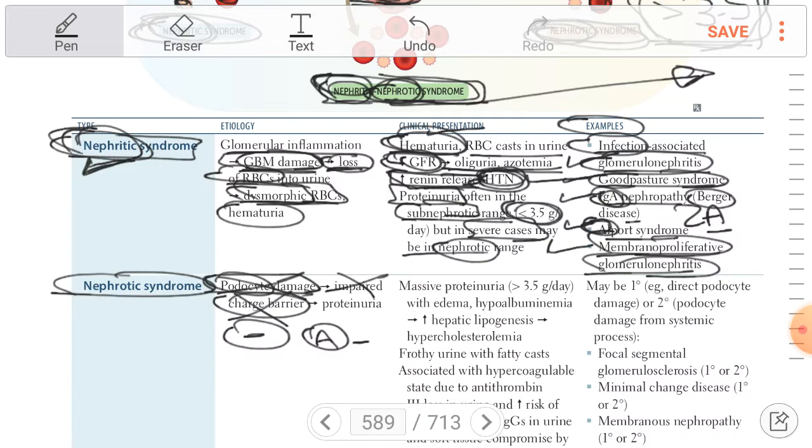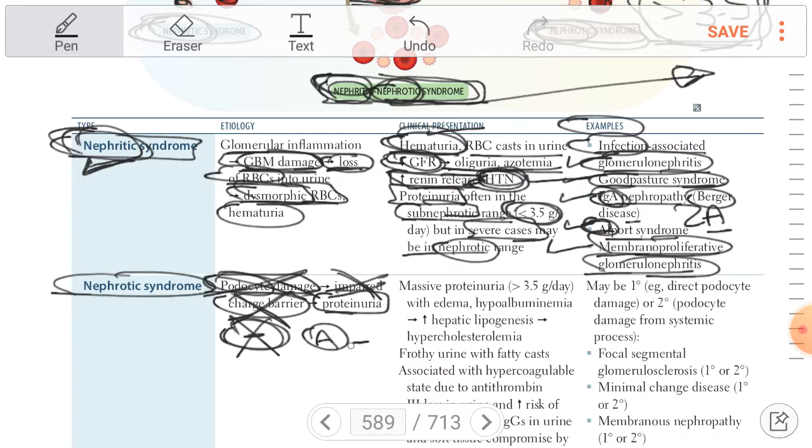So negative charge of podocyte leading to inhibition of negatively charged molecules from passing, leading to inhibition of proteinuria. But here in this case there is podocyte damage leading to impairment of charge barrier, leading to impairment of negativity in this barrier, leading to proteinuria, severe proteinuria.